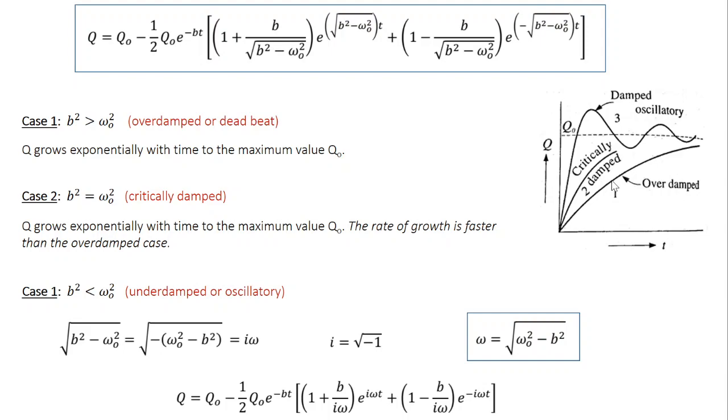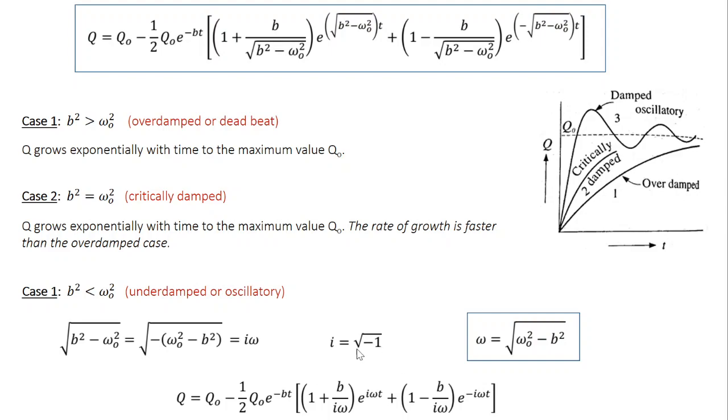Now the third case, probably the most important case from a practical point of view: b square less than omega naught square. So here the square root is going to give an imaginary number. Let's find out the value of the square root. Square root of b square minus omega naught square, which I can write as square root of minus 1 times omega naught square minus b square.